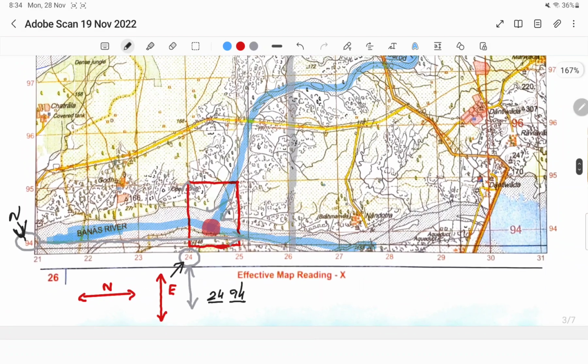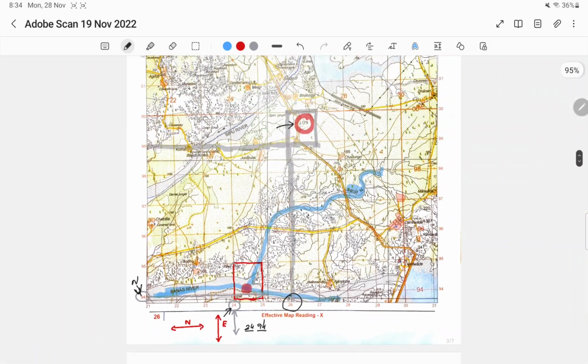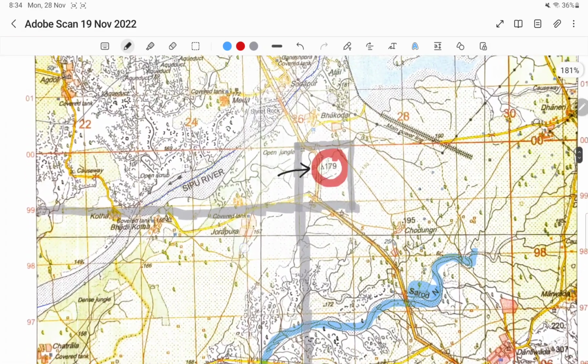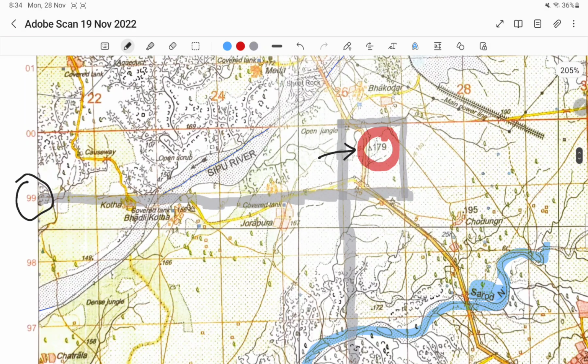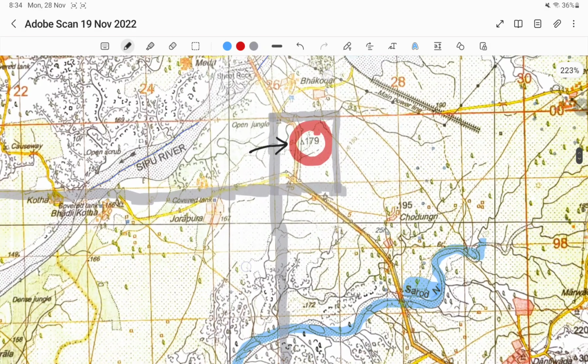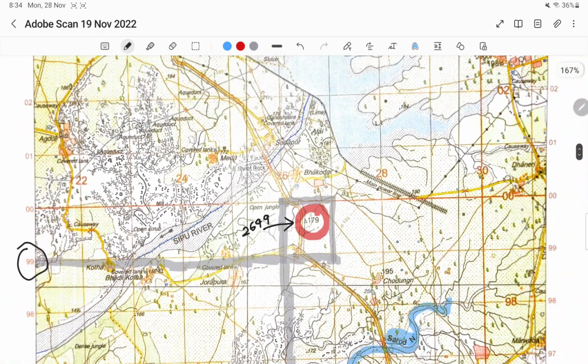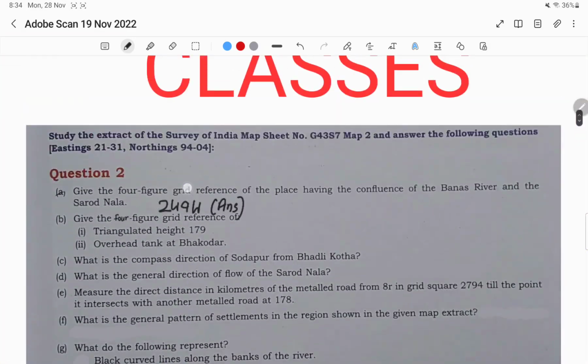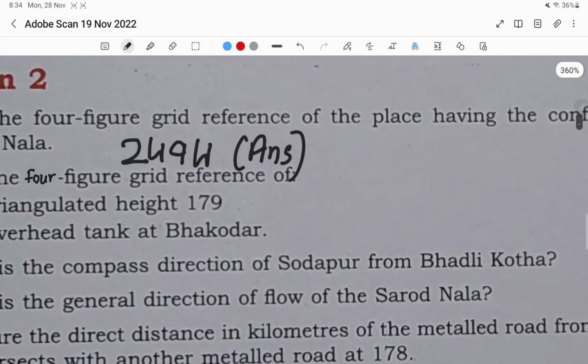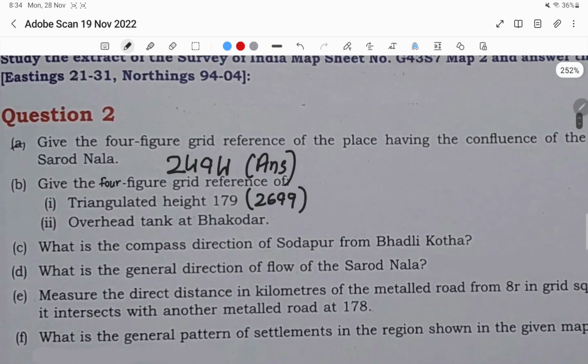The answer will be 26 and 99. So the grid reference for this point will be 26, 99. This will be the answer for the second part. 26 are the eastings and 99 are the northings.